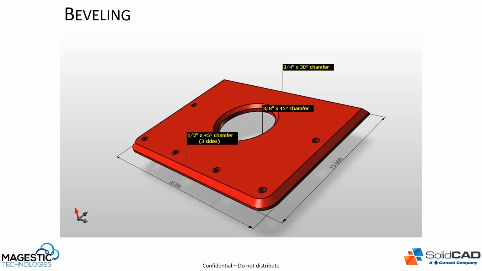We'll attribute each of the edges that have these different types of bevels, and that'll go through the entire nesting process and down through the NC code. We also do some different optimization for the cutting on the bevels, like quarter cutting optimization for some of the bevels.